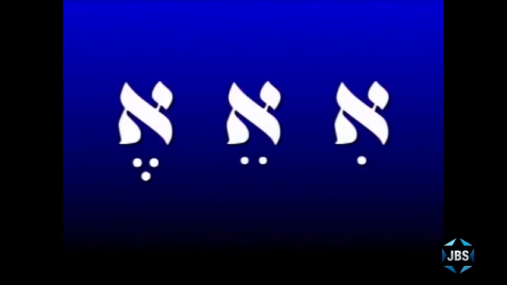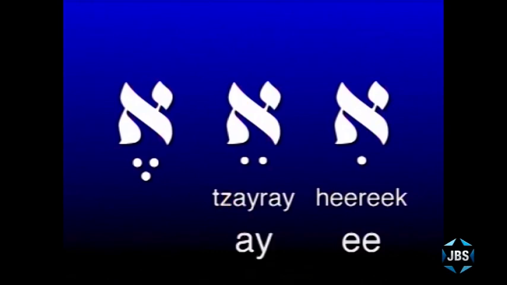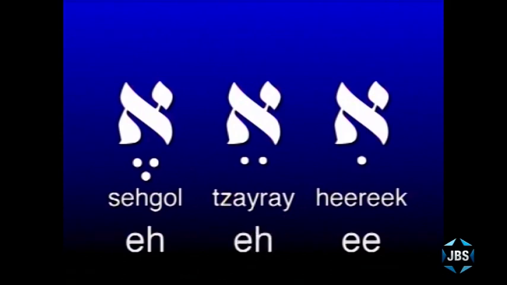And then you have the dotted vowels. One dot is the hirik, ee. Two dots is the tsere, ay. And three dots is the segol, eh. And sometimes the tsere, the two dots, ay, is pronounced eh, as if it is a segol.